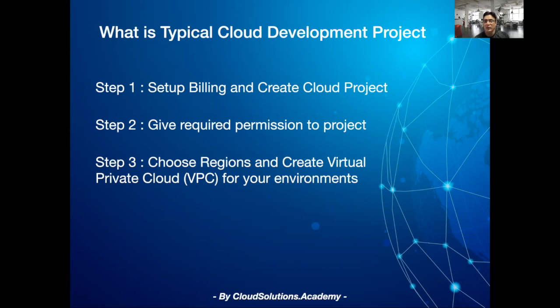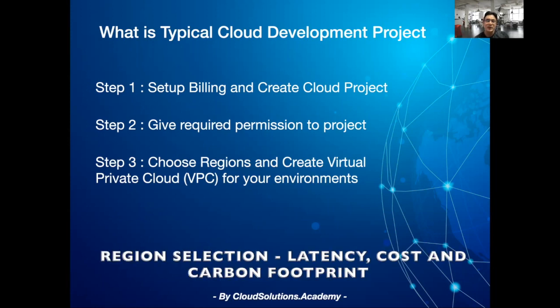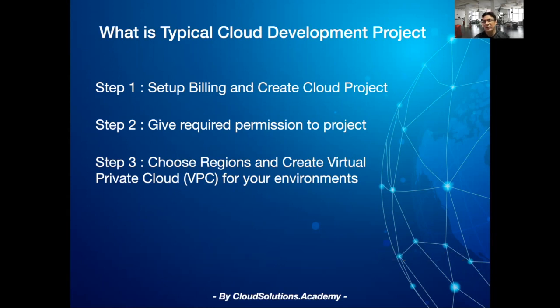If you need low latency, you can deploy your application in a region that is closer to your end users. Or it can be based on data sovereignty requirements, cost factors, and even low carbon regions from a sustainability point of view.